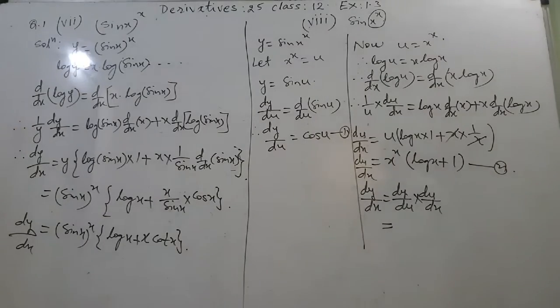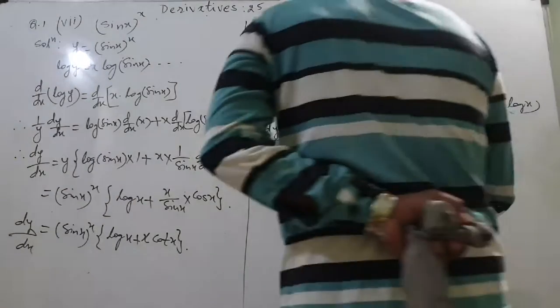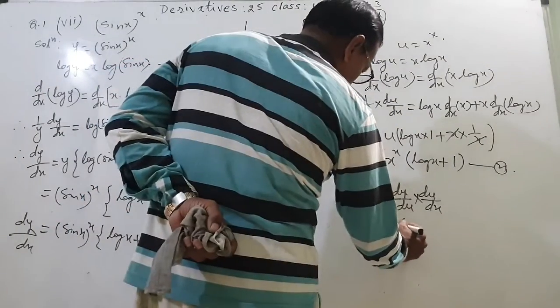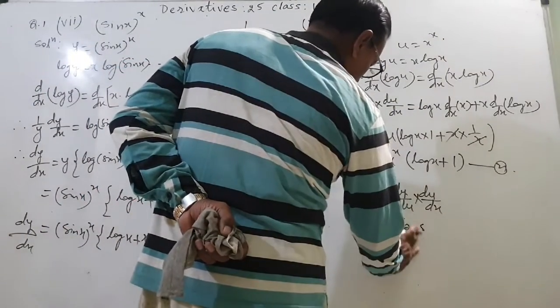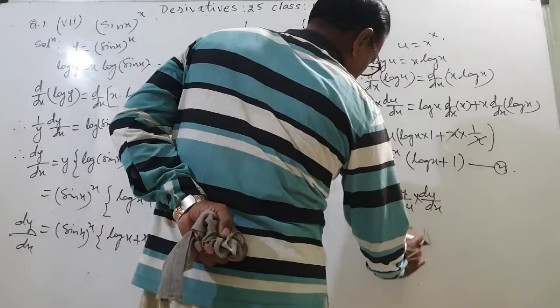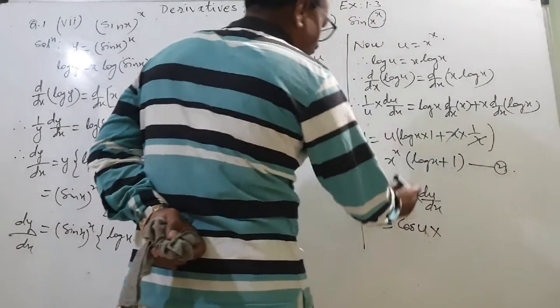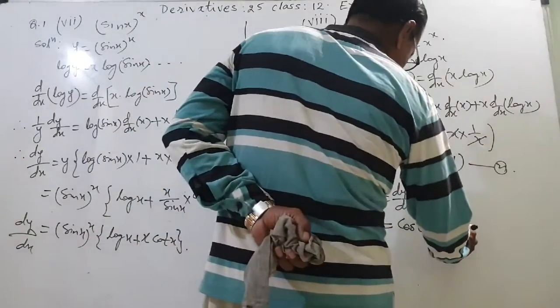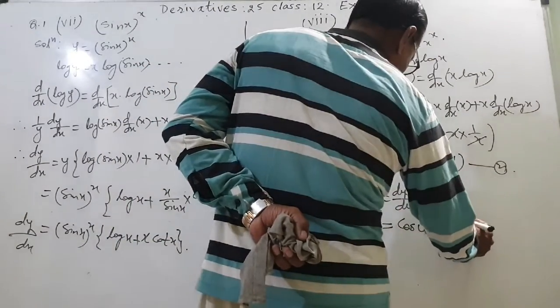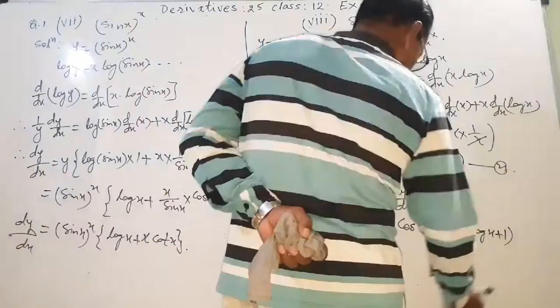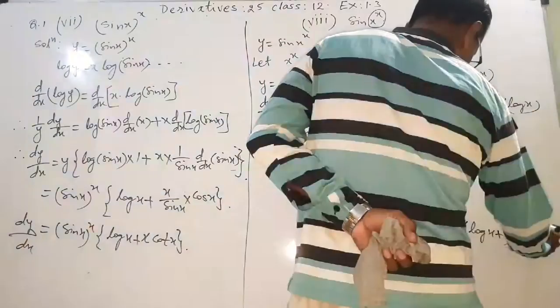Yes, it is visible. So dy by dx is equal to dy by du, cos of u, into du by dx, which is x raised to x into log of x plus 1, from 1 and 2.